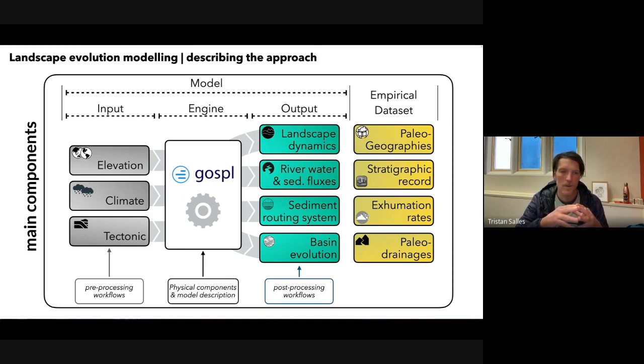The idea here is that we start with what is called the paleogeography. So this is the coarse shape of the Earth surface, which usually has been used as input for the climate model. So what we have should be relatively consistent in terms of climate with the paleogeography.